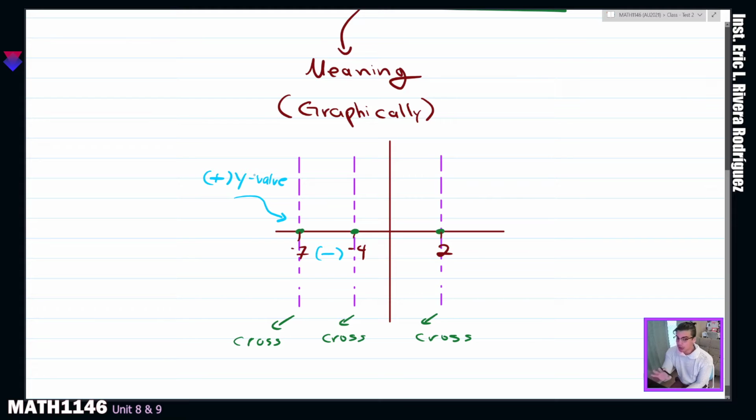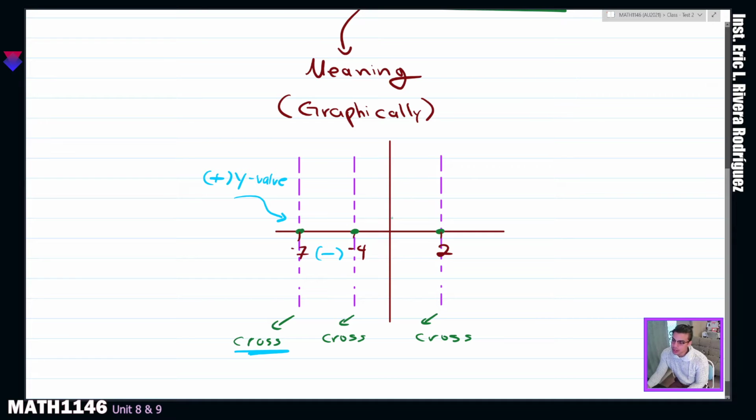Here we are assuming that on this region the graph is positive. We do not know the exact graph yet. We are going to do that at the end. I'm just assuming that on the left side of -7 it is positive. The important thing I want you to understand is that the behavior of an x-intercept that crosses the x-axis means that there's going to be a change of sign.